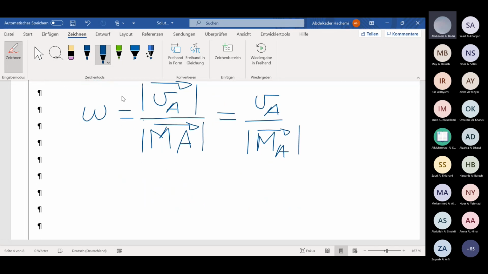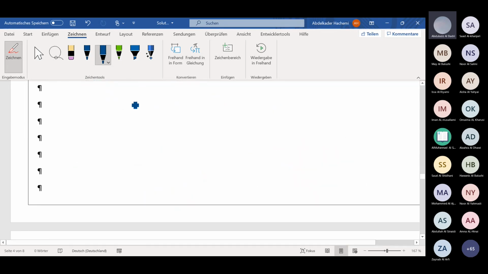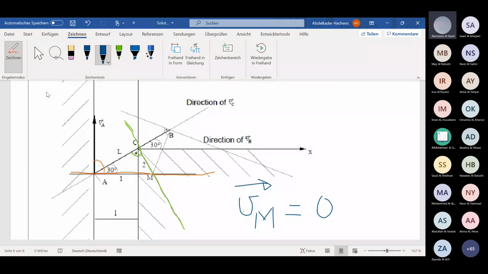Then it means we have VA, the absolute value or the magnitude. We measure this distance from the point M to A. You take the ruler, you make the scale in centimeters, and then you will get this distance MA. Then we can get the omega. It's sliding, but each point here is rotating.